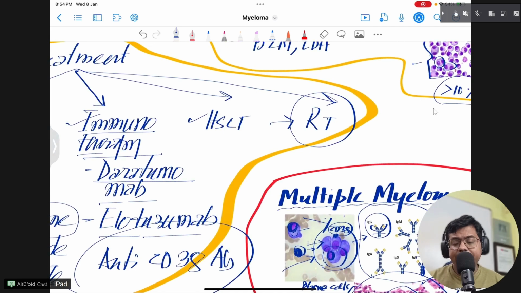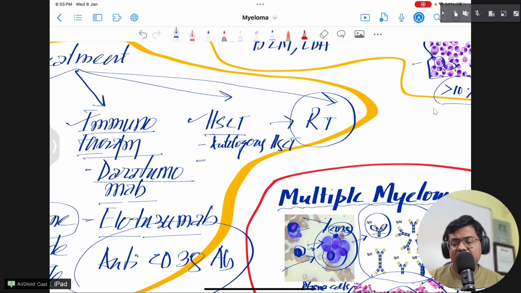And regarding hematopoietic stem cell transplantation, the most common type of transplantation that we commonly do is autologous hematopoietic stem cell transplantation, or autologous HSCT.